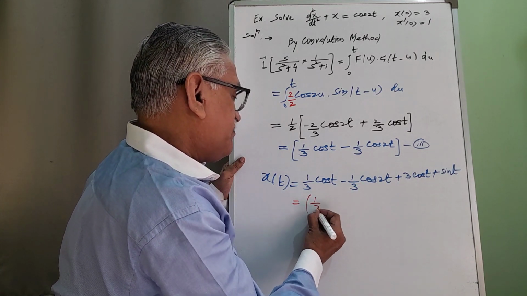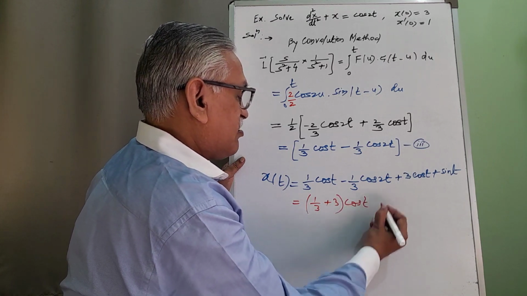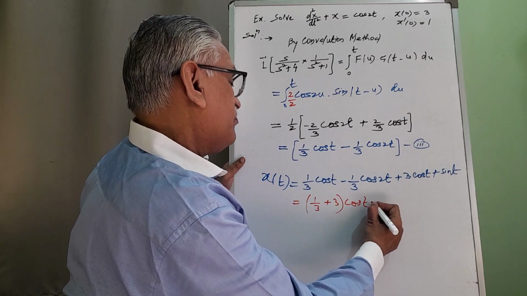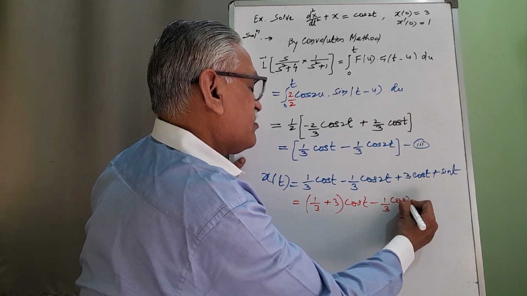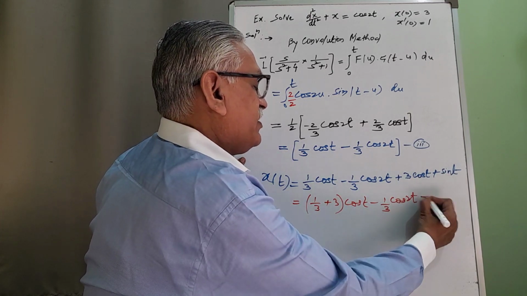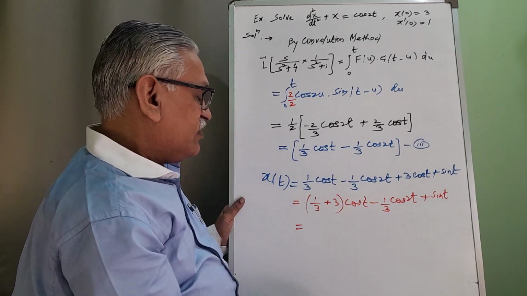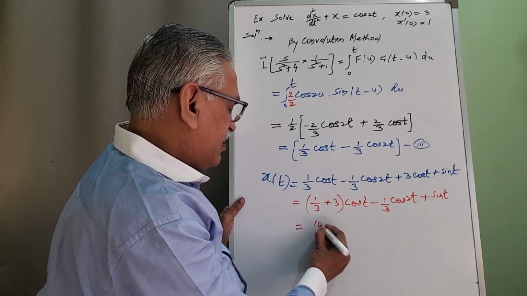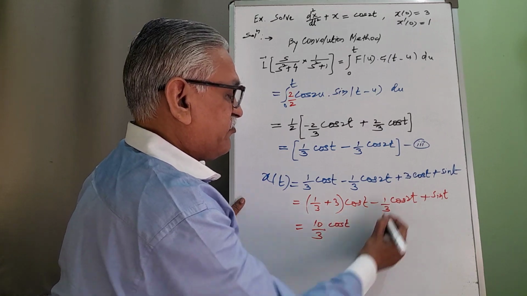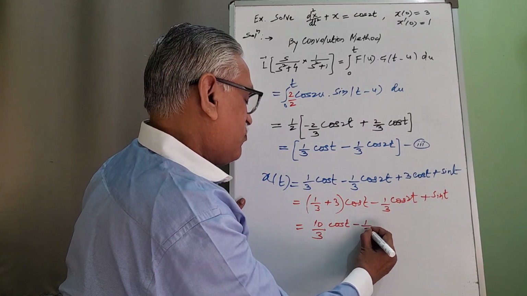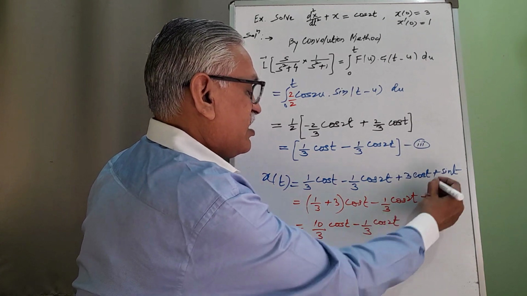It is 1 by 3 plus 3 times cos t minus 1 by 3 cos of 2t and plus sin t. 9 plus 1, we get 10 by 3 cos t minus 1 by 3 cos 2t and plus sin t.